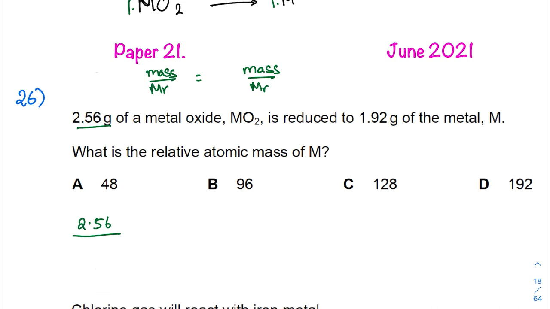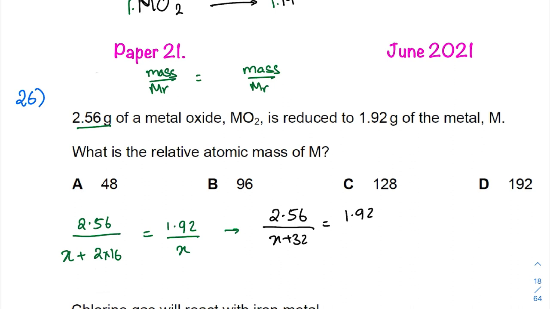We don't know, so let the mass of M be X, and there are two oxygens, 2 times 16, equals 1.92 upon Mr of M, which we took as X. Mass upon Mr equals mass upon Mr for both, because the mole ratio is 1:1. So mass of MO2 is 2.56 and mass of M is 1.92. Their Mrs are X plus 32 and X. So from here, what am I going to get? 2.56 upon X plus 32 equals 1.92 upon X.